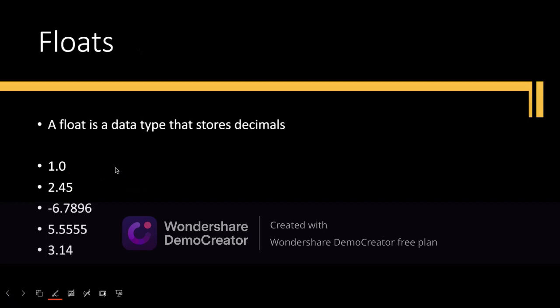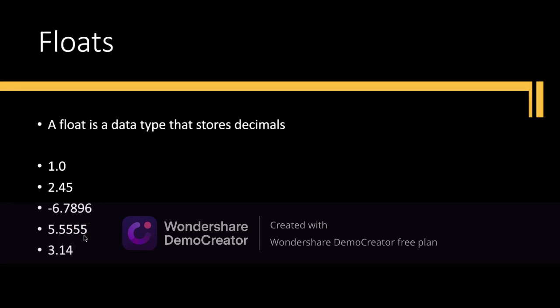Alright, so next up are floats. A float is essentially a fancy term for a decimal number. It essentially means the same thing as a decimal number. For example, we have 1.0, 2.45, -6.7896, 5.5555, and 3.14.